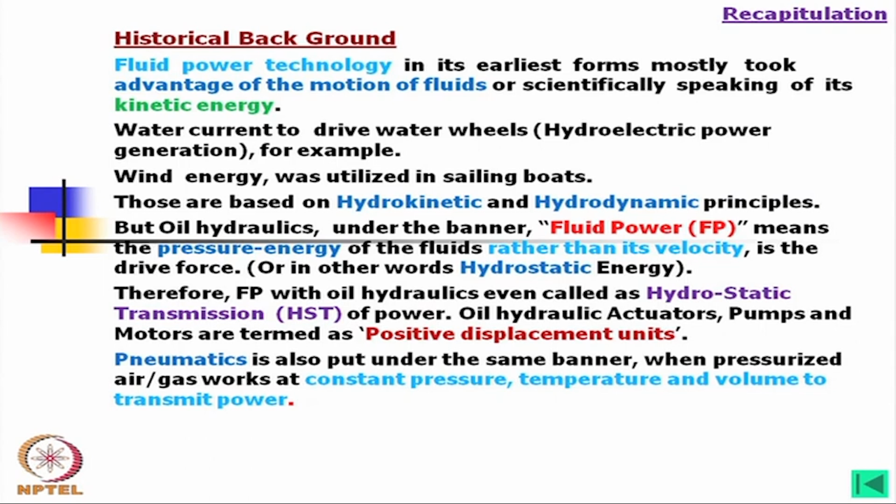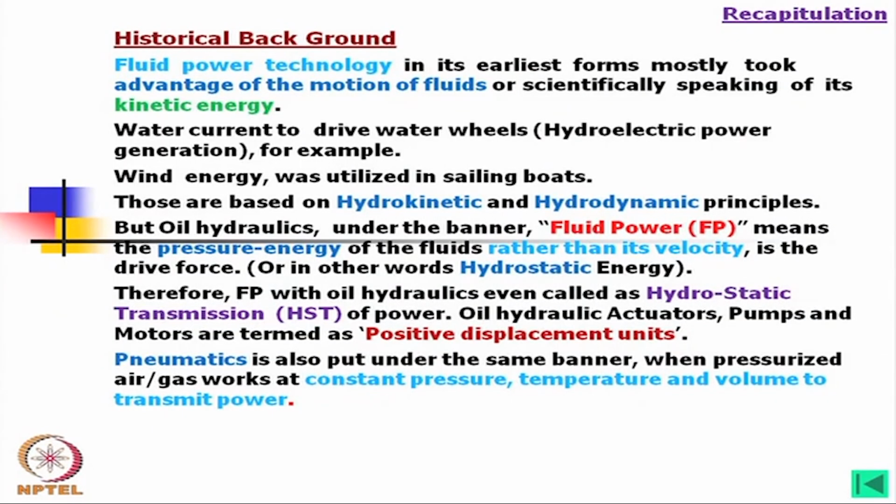So, in that case, if you think of the compressor, when the air is being stored in the compressor, and then pumped from the compressor into an actuator, at that condition there will be variation in pressure and variation in volume and other things. But at constant pressure and temperature you will find that it also behaves like a solid unit, and that is why it is also considered under fluid power.